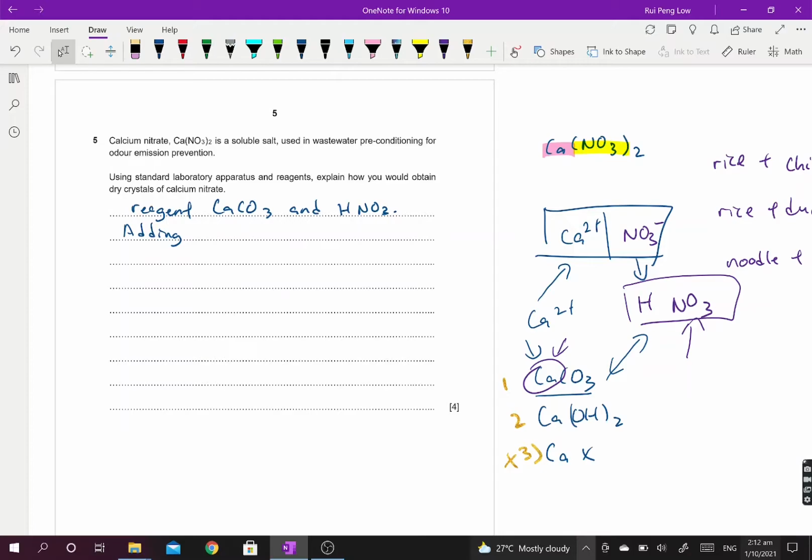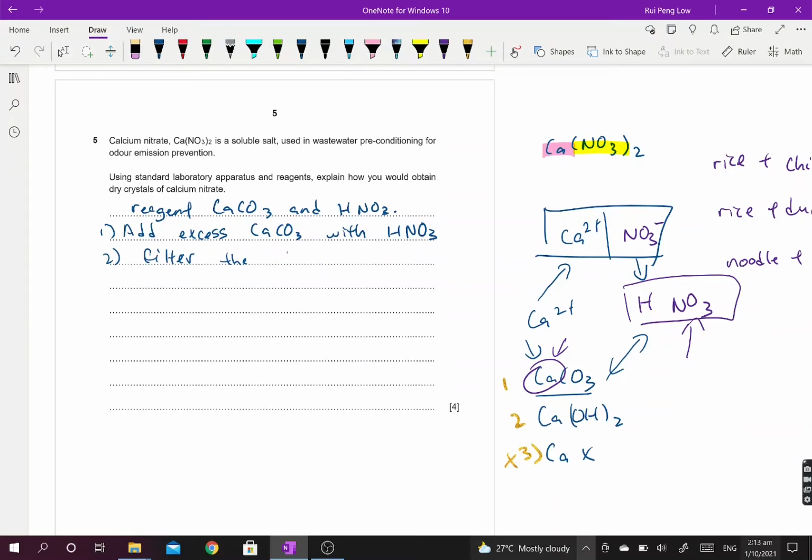So the method will be to add excess calcium carbonate with HNO3. This is step number 1. Step number 2, you filter the mixture.